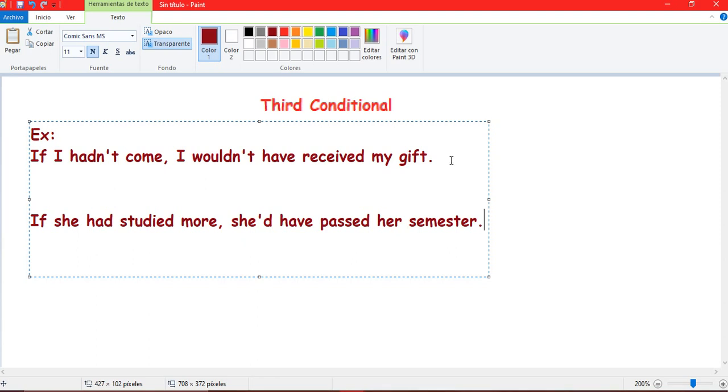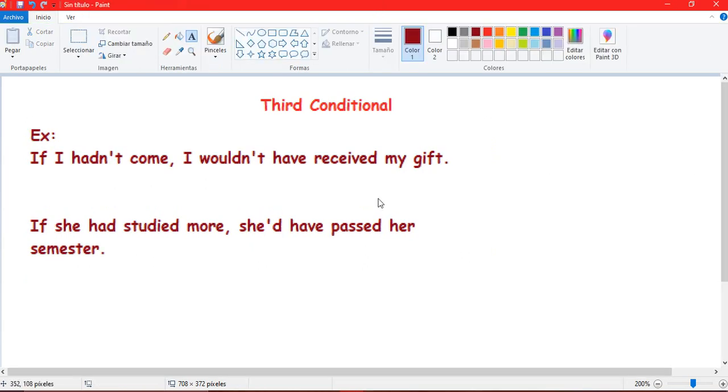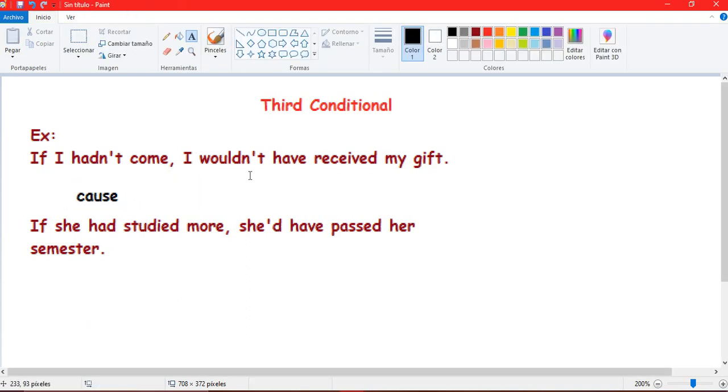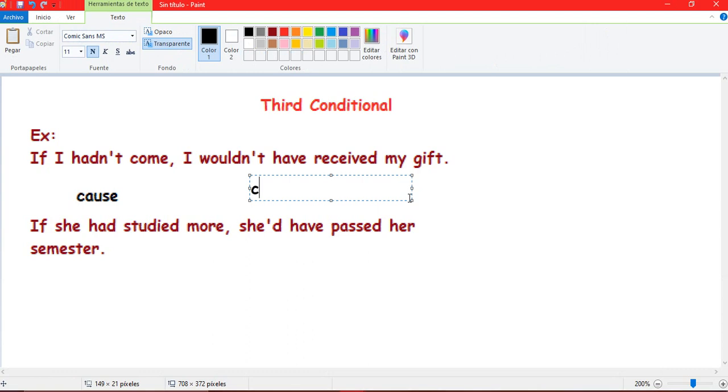Well, obviously, remember in the conditionals we have two sentences. One sentence is called the cause and the other the consequence. So let's identify. We have the cause. Remember, the cause is always introduced by if. The cause, in both cases, and the expressions with would are the consequence, or the condition, as you prefer to call it.